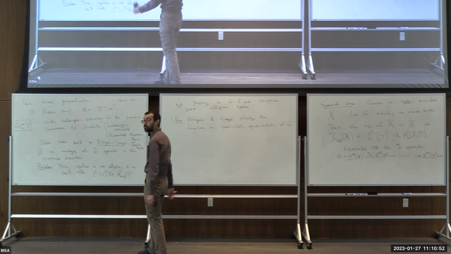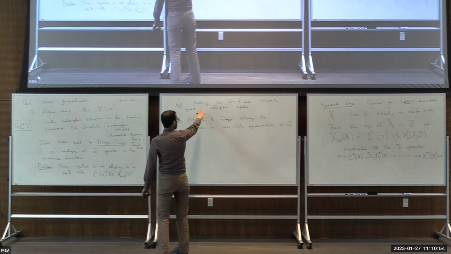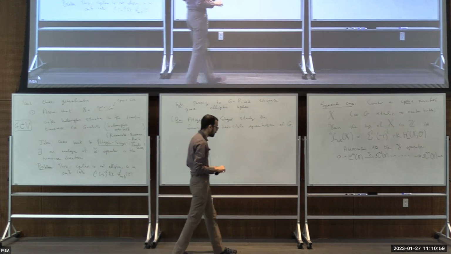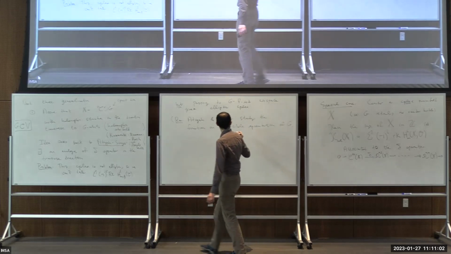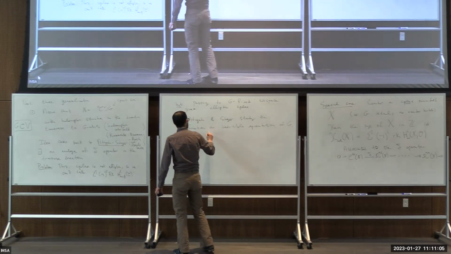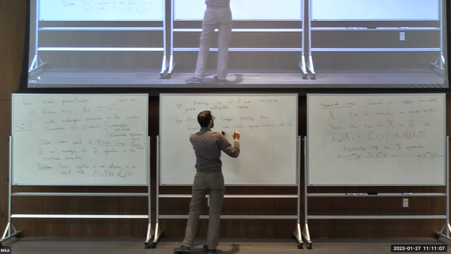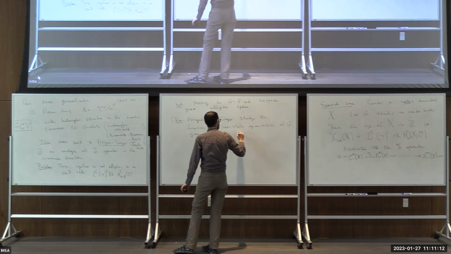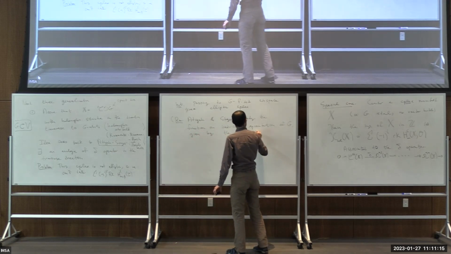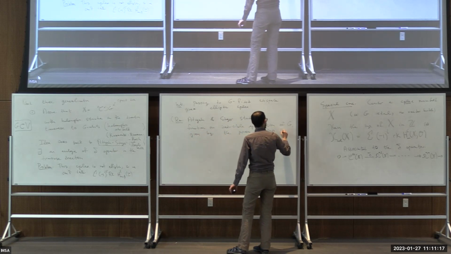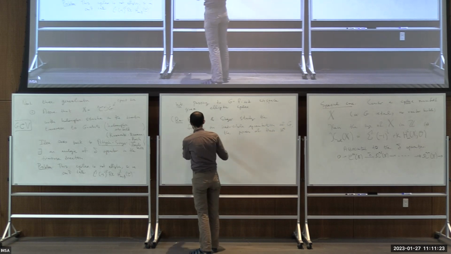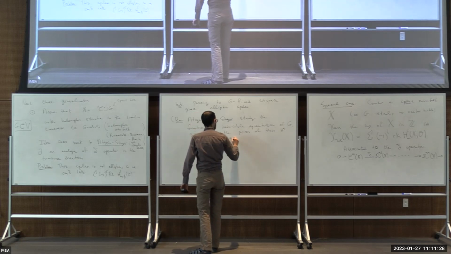Given a representation, you can break it up into irreducible representations, and the function is given by the homology pieces.